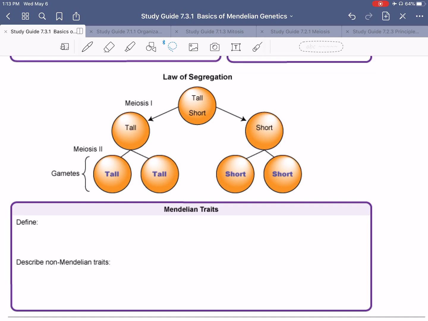But what Mendel didn't know was that the alleles for the 7 traits that he chose to study happen to be located on different chromosomes. In addition, each trait had a clear dominant and recessive form. Traits that follow these patterns are called Mendelian traits.